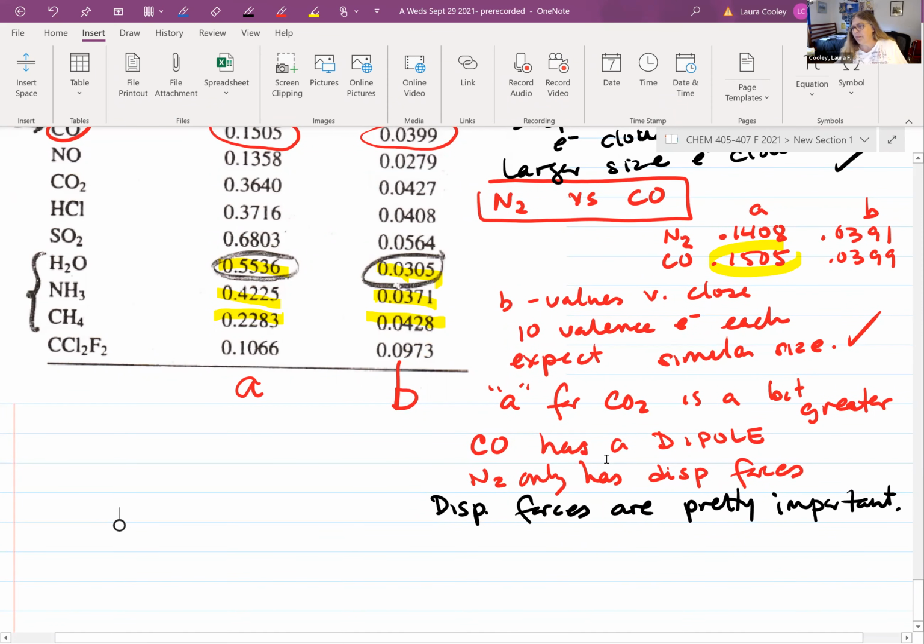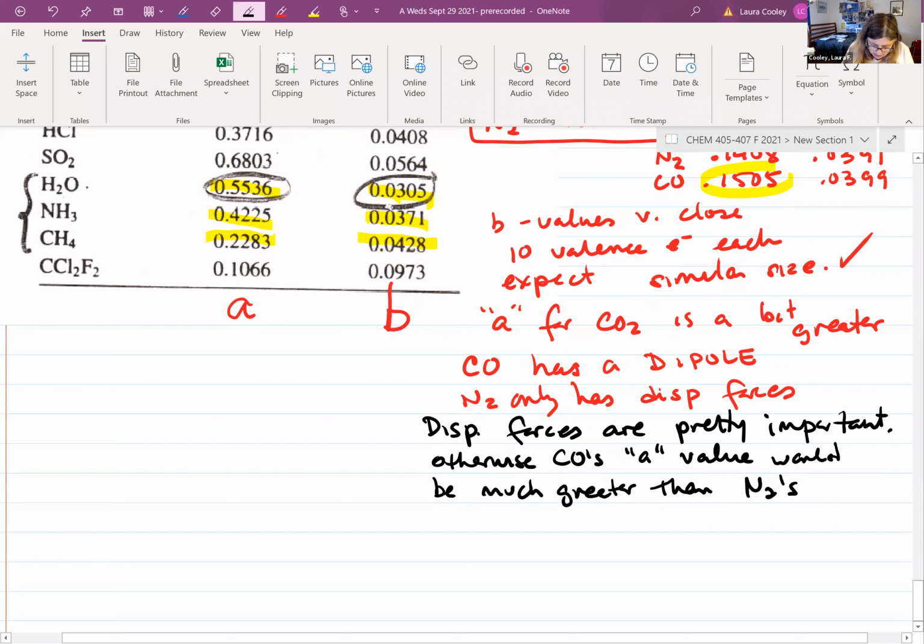Okay, so I put another sentence here about how dispersion forces must be pretty important, or else CO's A value would be much greater than N2's because carbon monoxide has a dipole. Okay, so now I'd like to compare water, NH3, and CH4.